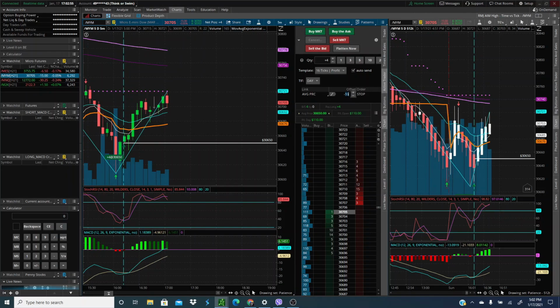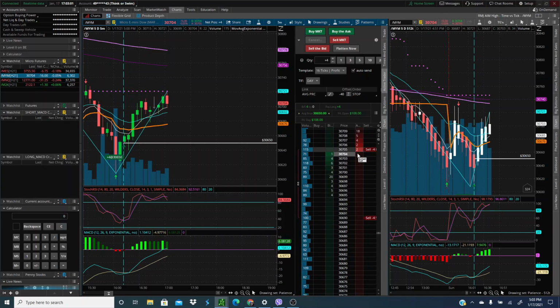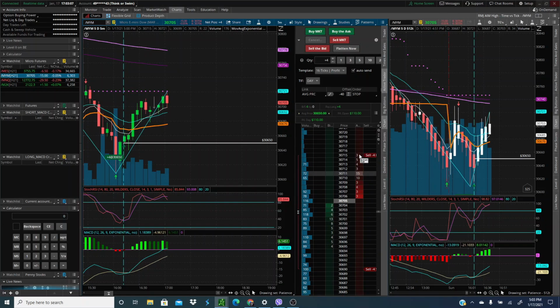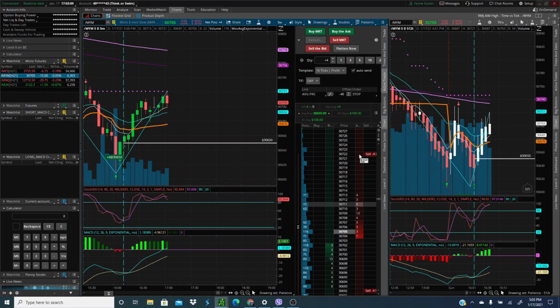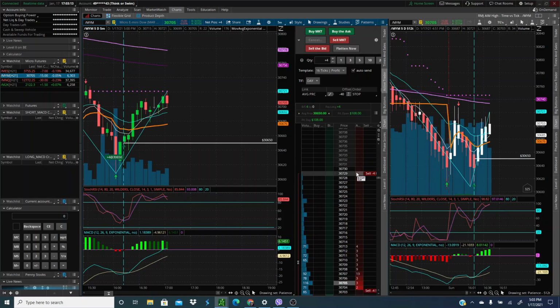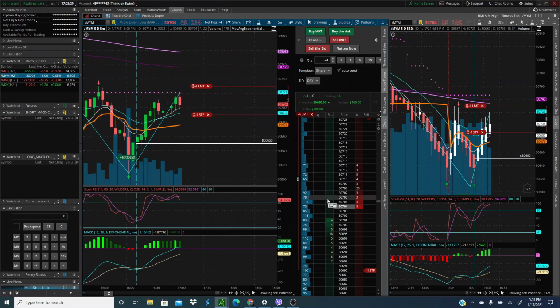So let's just say 40 ticks here, so 40 ticks will bring us to 30,690. So that's where our stop is. And then for our limit, anything is possible, but let's just keep it at 730, which is the high for the day. So as you can see right there, there's your bracket.